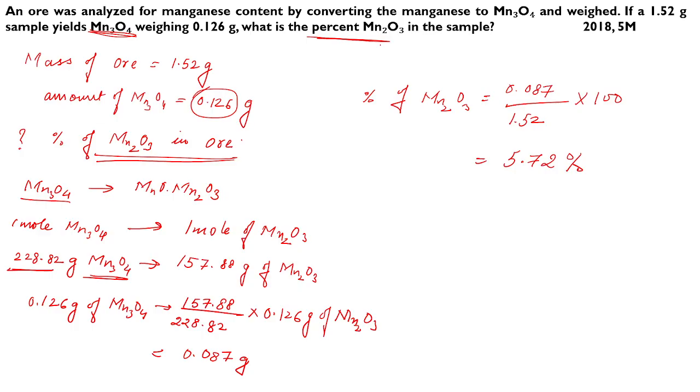Okay, so this is how you need to solve this question. So basically here they have confused you by giving Mn₃O₄ and asking about Mn₂O₃. So that's how you need to solve this problem.